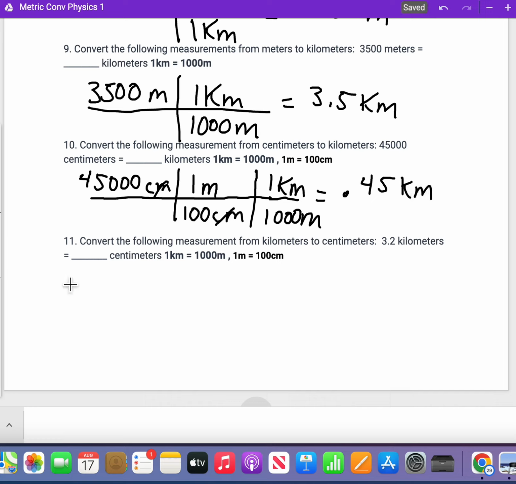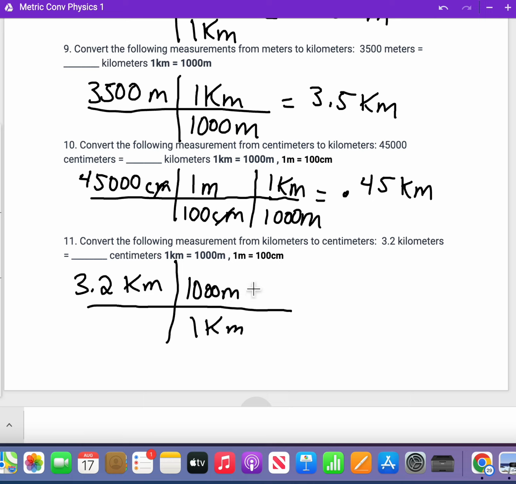Okay, number 11. Convert the following measurement from kilometers to centimeters. So we write down 3.2 kilometers. We draw our picket fence, and we want to go to centimeters. Well, hey, the only thing we can go to are meters, so we got to have the units the same. So I'm going to write 1 kilometer equals 1,000 meters. But I don't want to stop there because I want to go to centimeters, so I keep going.